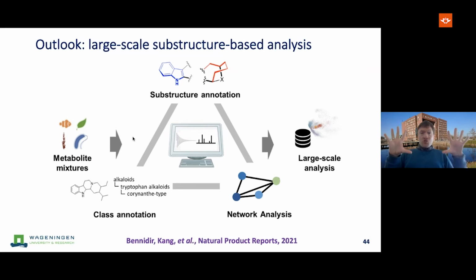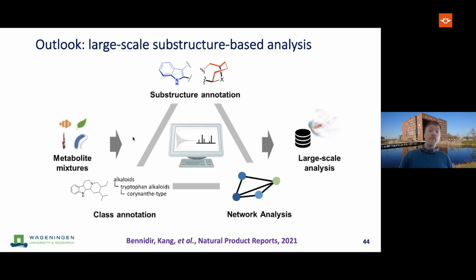So zooming out again, I predict that in 5 to 10 years, we will have the infrastructure, in collaboration with many groups around the world, to do this large-scale substructure-based analysis, where you feed in your metabolite mixtures, metabolomics data, and you can do class annotation, substructure annotations, and also this networking analysis in order to really fuel and propel large-scale metabolomics analysis.